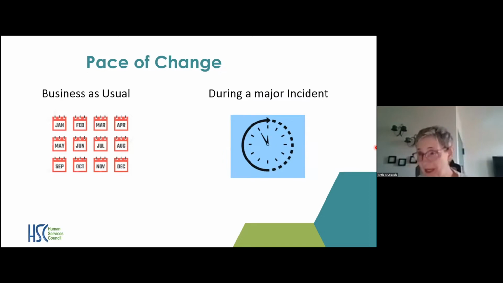One of the big differences here is the pace of change. So during business as usual, it's more controlled, longer term. During a major incident, during the recovery, during the continuity of that, it's changing very, very quickly. So what does that mean? Well, it means that you have to really adapt to that.